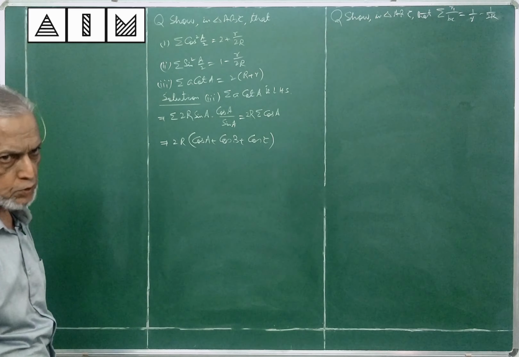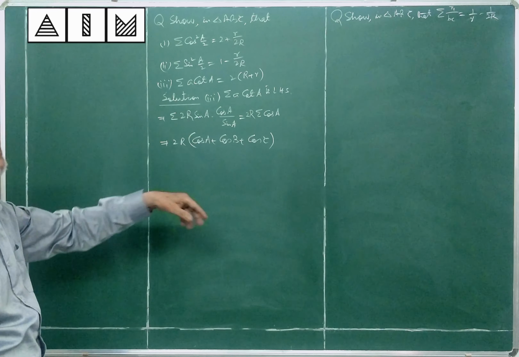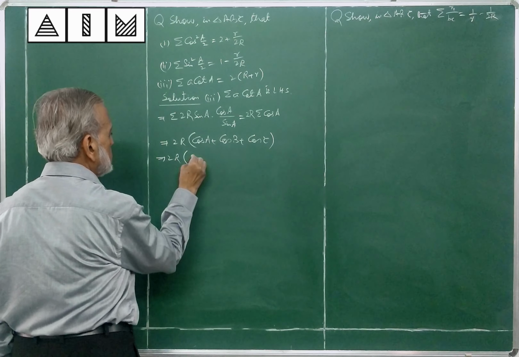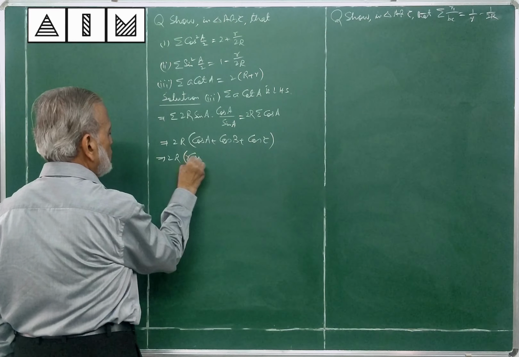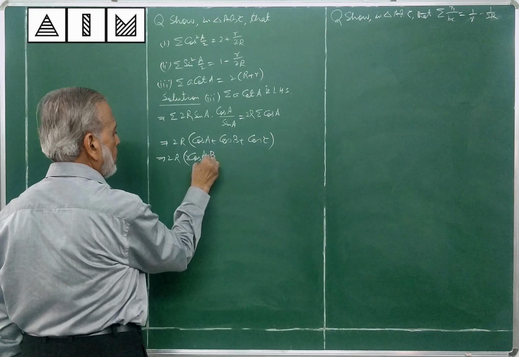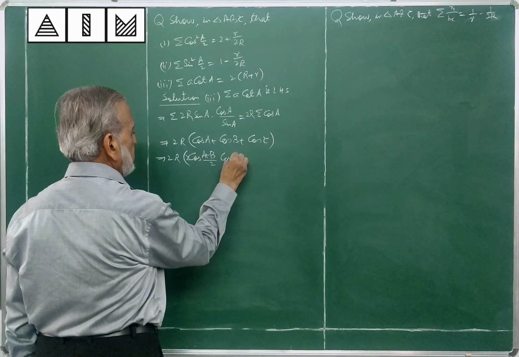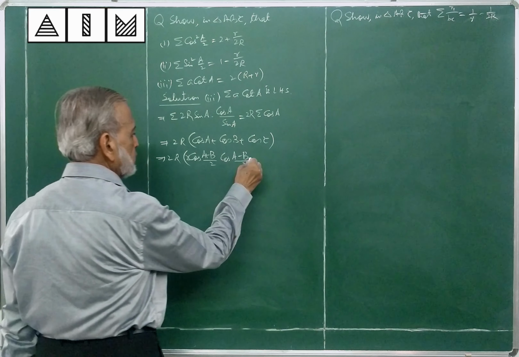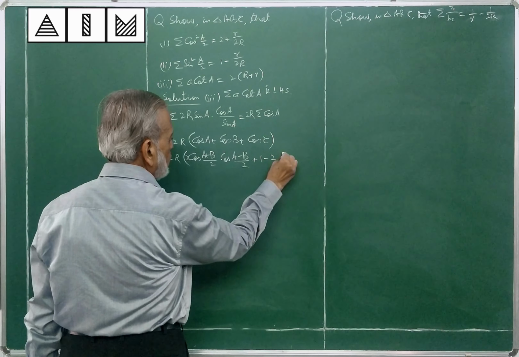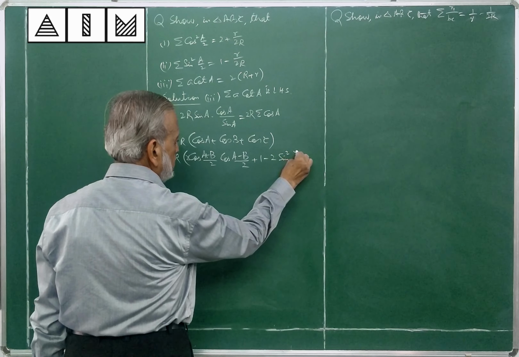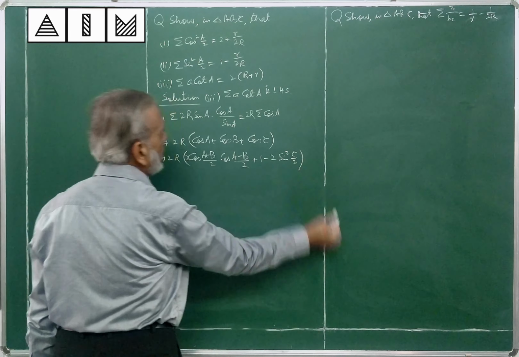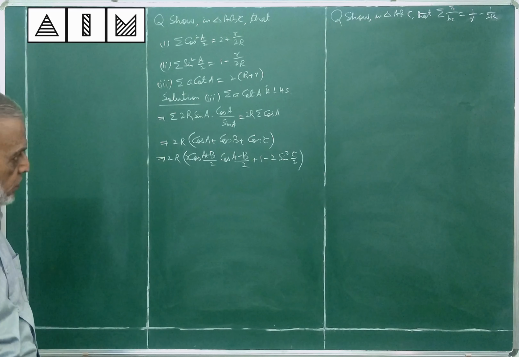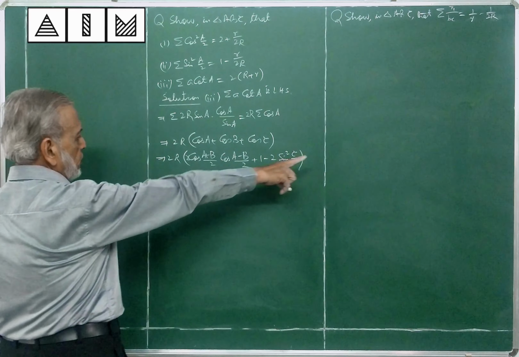Cos A plus cos B plus cos C, we have done in one of the questions earlier. I am repeating that part, please concentrate. Cos C plus cos D is 2 cos C plus D by 2 cos C minus D by 2, so cos A plus cos B is 2 cos A plus B by 2 cos A minus B by 2, and cos C is 1 minus 2 sin square C by 2. So cos A plus cos B plus cos C is 2 cos A plus B by 2 cos A minus B by 2 plus 1 minus 2 sin square C by 2.